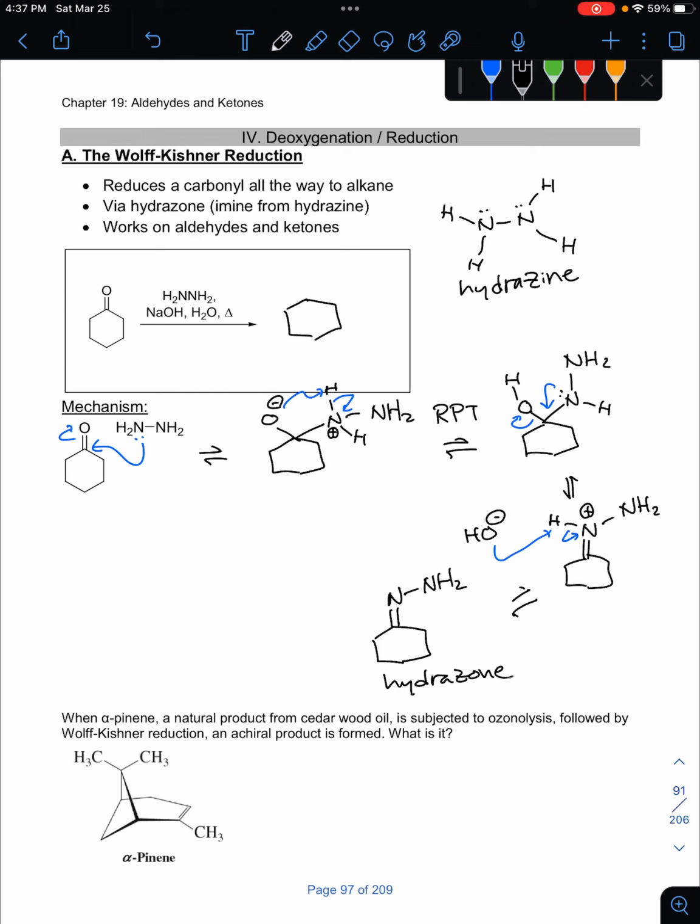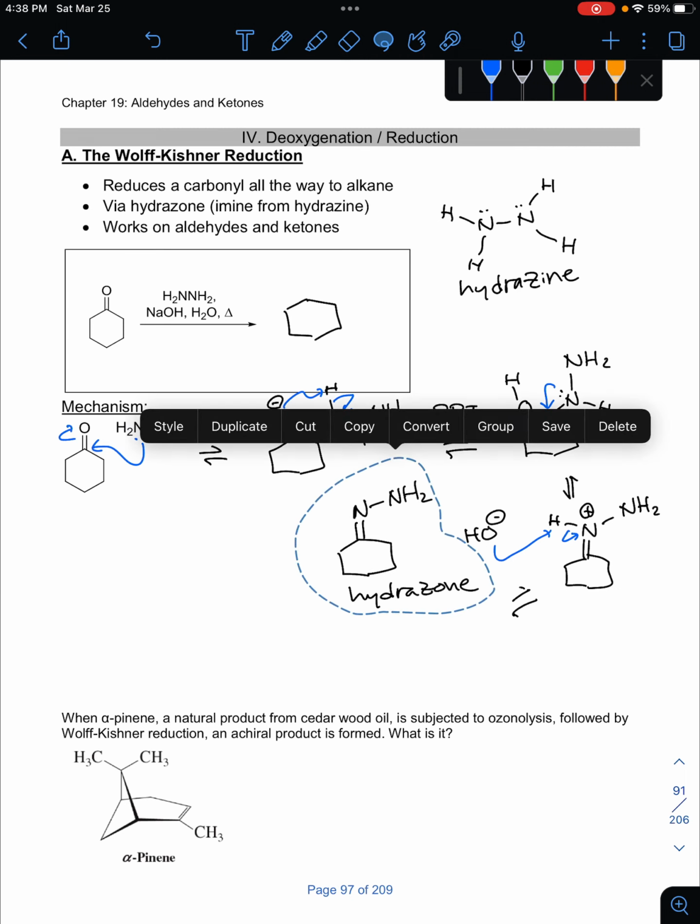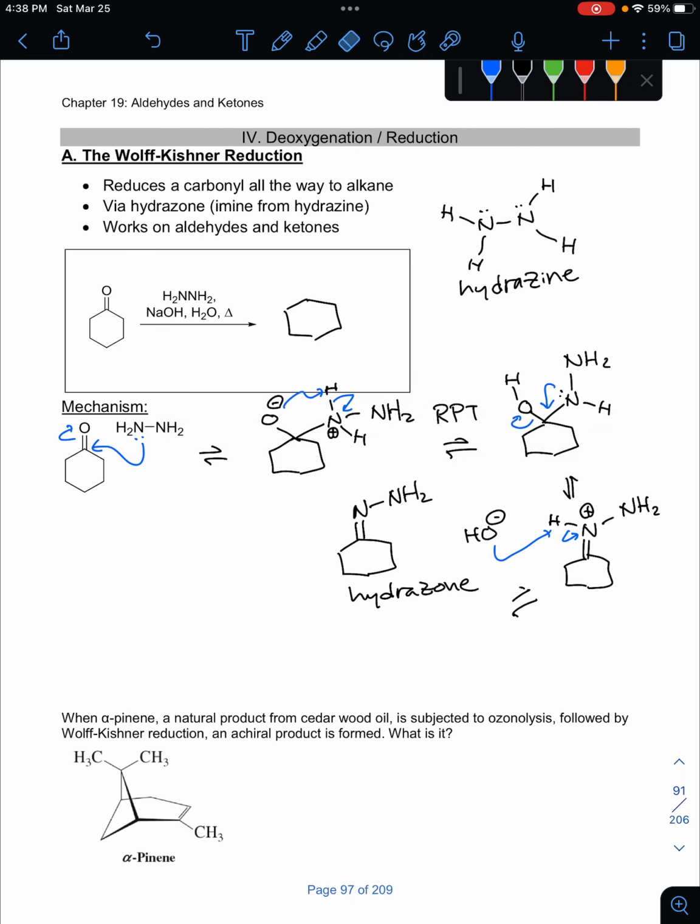Okay, and once we get to this intermediate, oh man, I need more space. I'm just gonna rearrange a couple things to make more space.